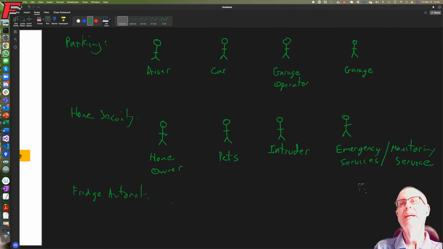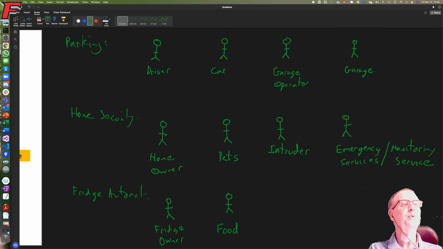And then the fridge project, I think the fridge owner, if that's the right word. And again, it's not a person, it's a non-human actor: the food that you want to monitor or keep track of.